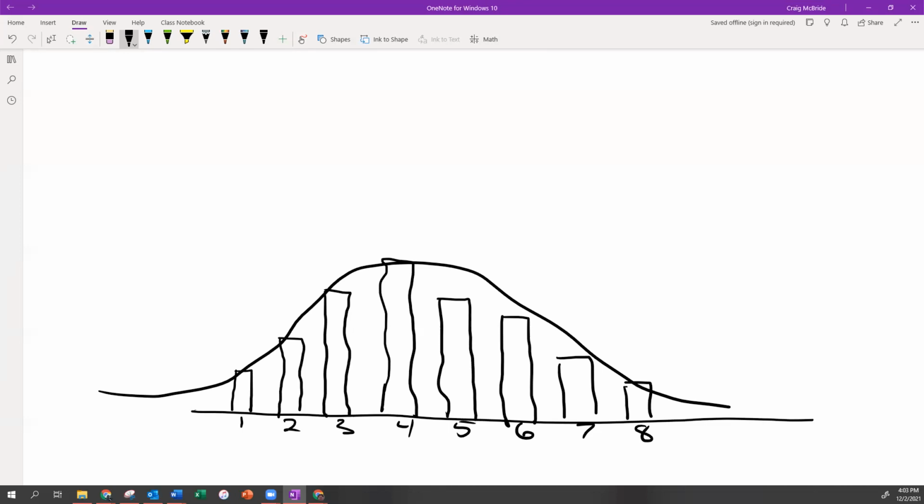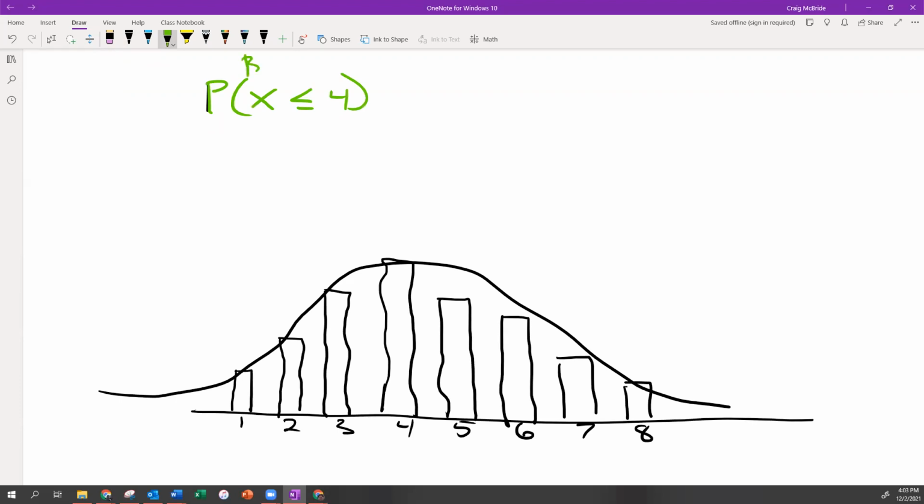and they want, for instance, let's do the probability that X is less than or equal to 4.